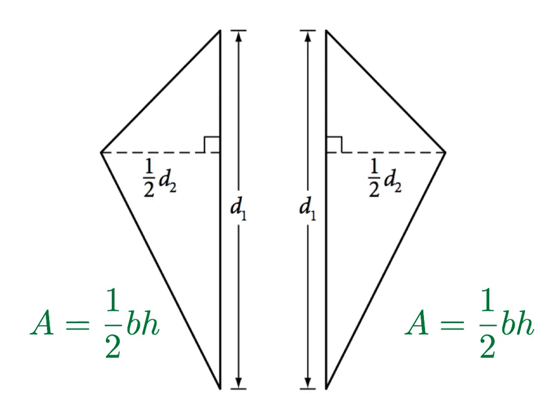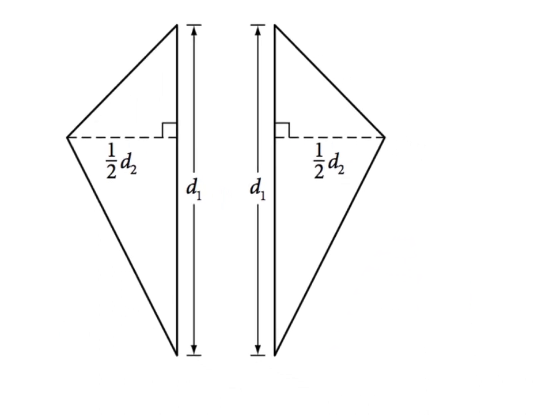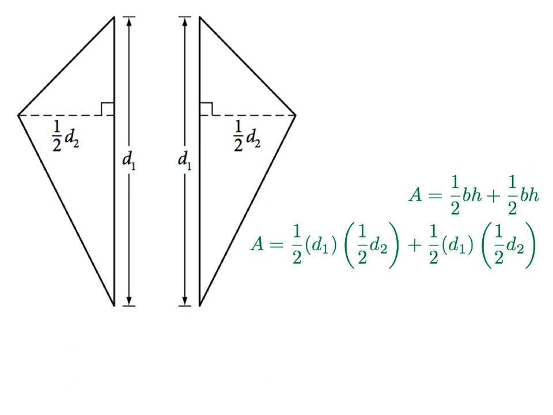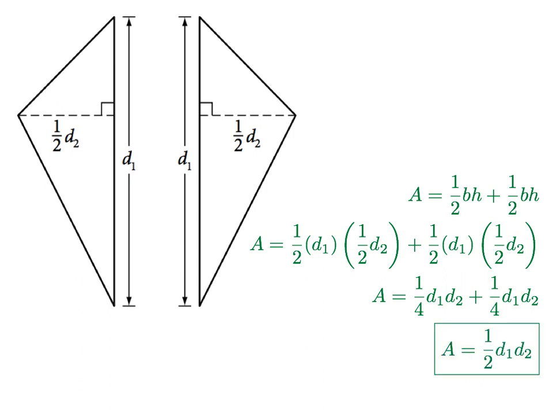The heights would be half of the diagonals. So we're adding two triangles together: 1/2 base times height plus another 1/2 base times height. Let's sub in the values of the bases and heights. And when you multiply through, you get 1/4 d1 d2 plus another 1/4 d1 d2, and that adds up to 1/2 d1 d2.